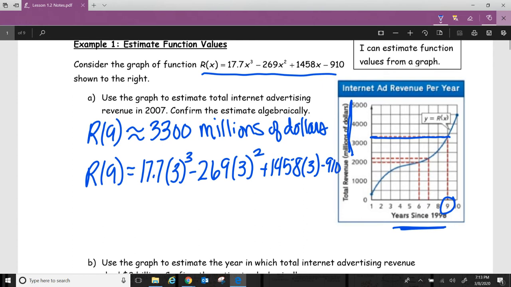And when we plug that into our calculator, why am I putting the approximation? Because it's a decimal that keeps going on and on. So I'm going to approximately round it to 3,326.3 million dollars.